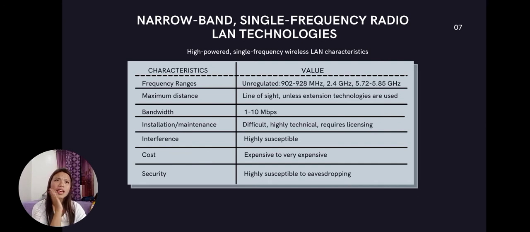Its value is unregulated: 902 to 928 megahertz, 2.4 gigahertz, and 5.72 to 5.85 gigahertz. The maximum distance is line of sight unless extension technologies are used. The bandwidth is 1 to 10 Mbps.